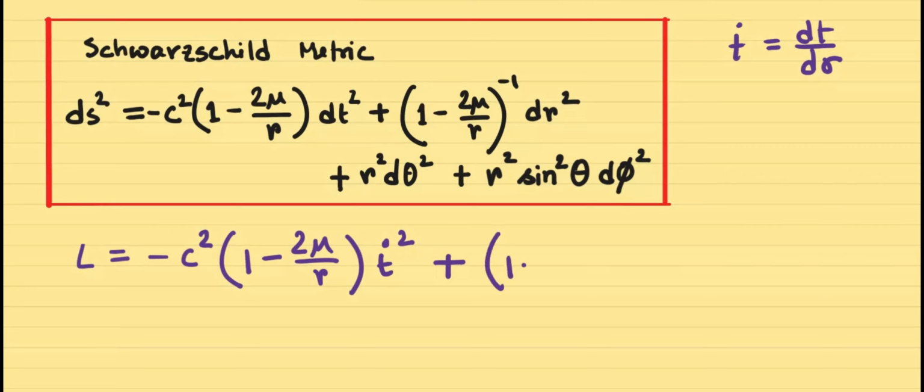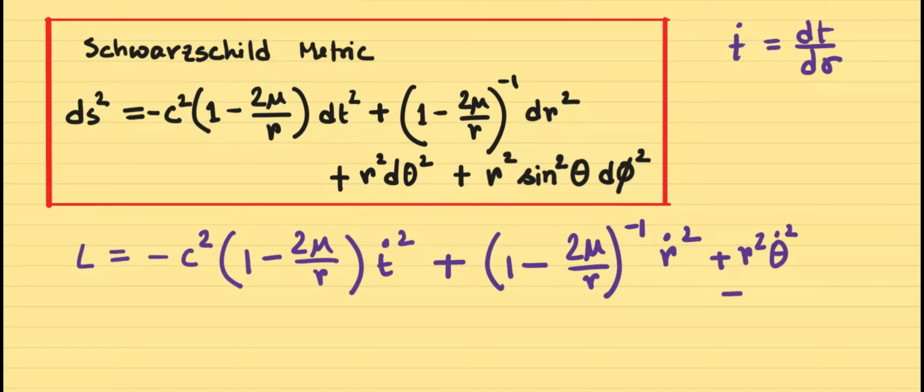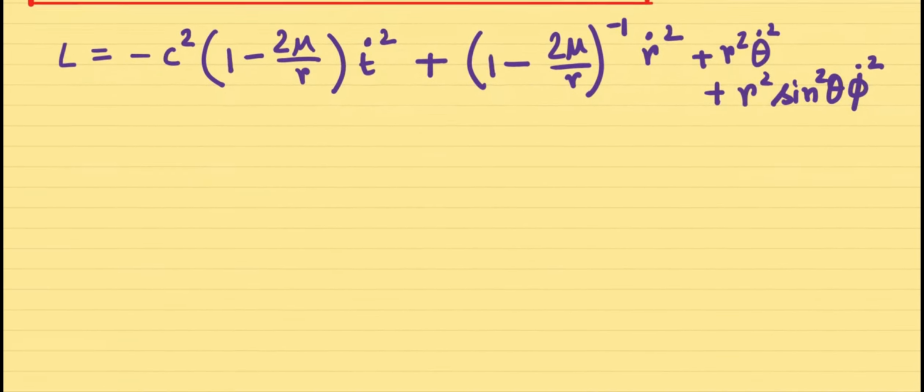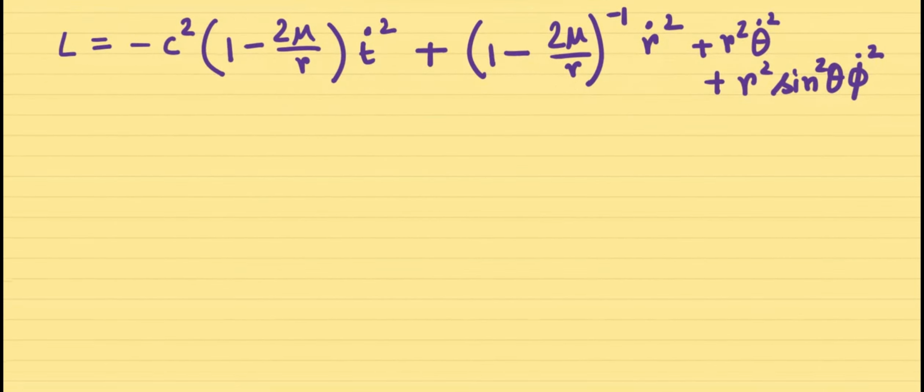And then we have (1 minus 2 mu divided by r) inverse r dot squared, and then r squared theta dot squared, and then r squared sine squared theta phi dot squared. So this is our corresponding Lagrangian, and all there is left is to plug this into the Euler-Lagrange equation.